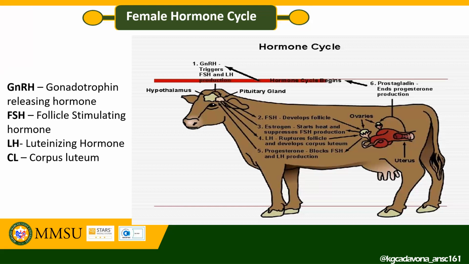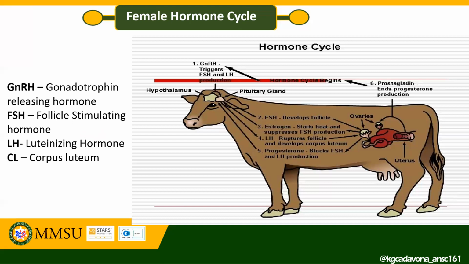And ano ulit yung estrogen? Si estrogen yung nagiging dahilan kung bakit nade-develop yung sex organs and secondary sex characteristics ng isang babae na animal para sa kanyang desire to mate, or the receptivity in mating. And once na na-release itong si estrogen, it suppresses also the production of FSH.